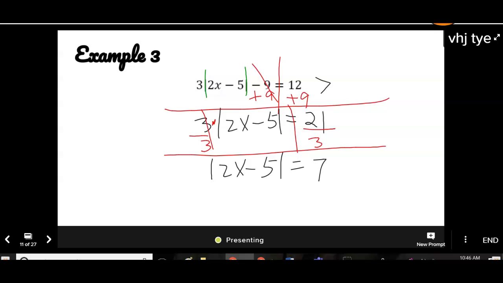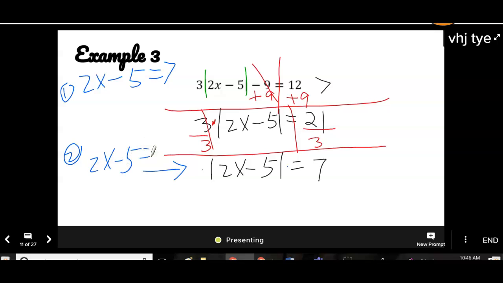And until now, this is a clean equation because you don't have anything outside the two bars. So now you can turn it into two little equations. The first one is the inside equals 7. The second one is the inside equals -7. And then solve these two little equations.